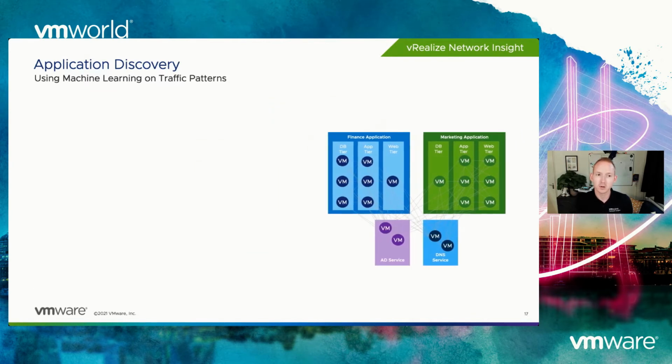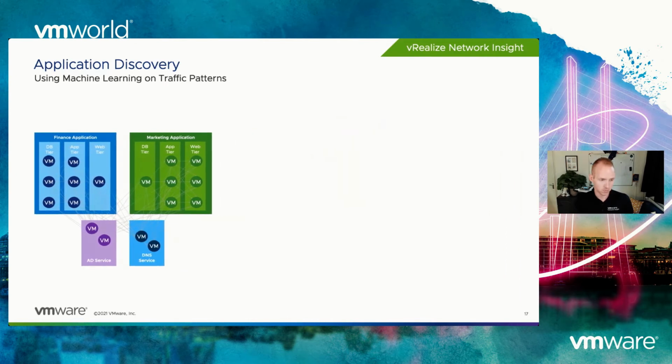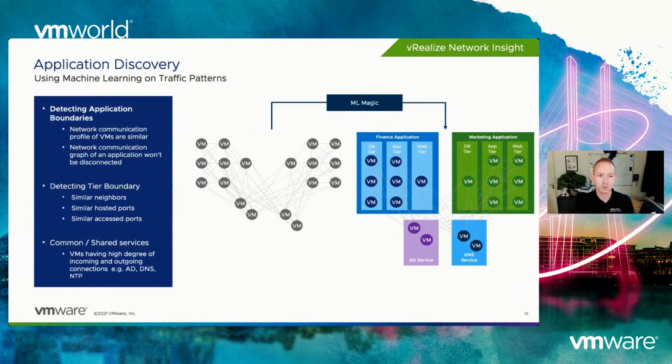It uses a machine learning algorithm to identify connected components, connected VMs within your environment, sees what type of communication is there, how many sessions and how many flows are there, how much traffic is being pushed between those VMs. And then based off of that, it suggests a list of applications that are in your environment.